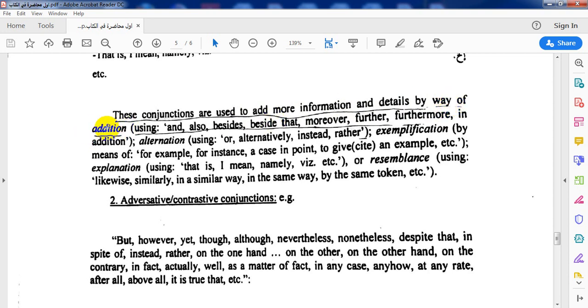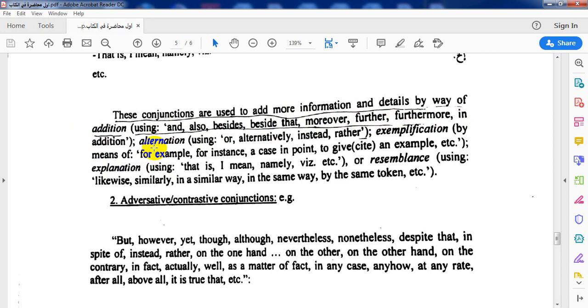The first function for additive conjunctions or connectors is for obtaining addition, like using and, also, besides that, moreover, furthermore, in addition. So addition here, الإضافة, is to add more information.